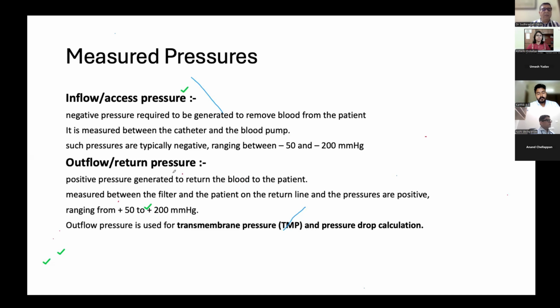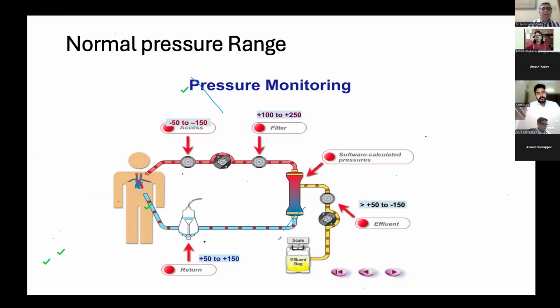Basically, the return pressure is required for transmembrane pressure calculation. So there are two things which are required for us: one is pressure drop calculation and the other is transmembrane pressure calculation, where return pressure will be required. So this is the normal pressure range which you can see. The access pressure can be kept between -50 to -200 or -150.